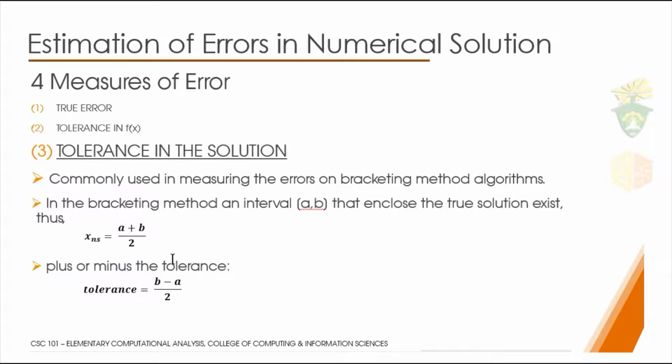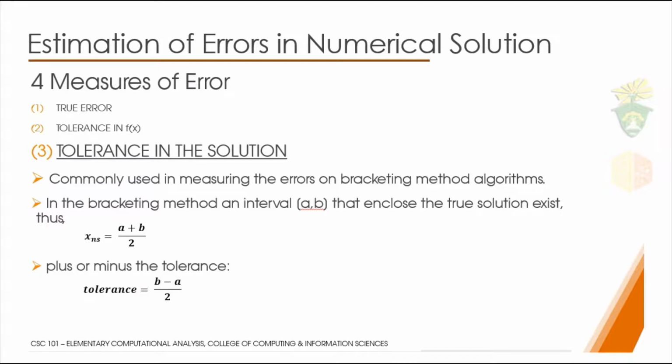So plus or minus the tolerance is defined as this one here. So basically our x sub ns is equal to this, and the tolerance is the error that we have, wherein this actually is the measure of error using the bracketing method.